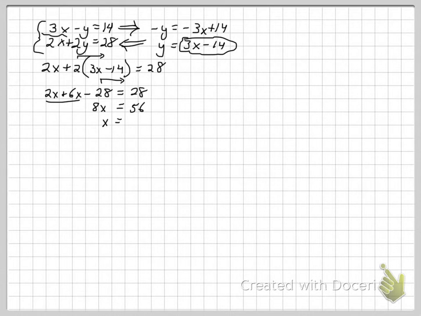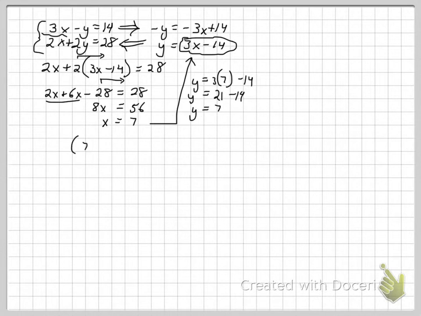Divide. And that's my value for x. To get my value for y, go up to the expression. y equals 3 times 7 minus 14, or 21 minus 14, or 7. So my answer will be 7, 7.